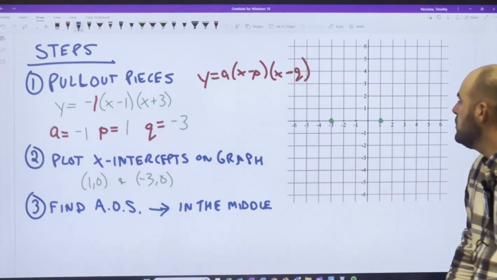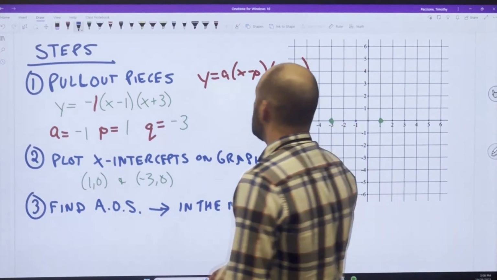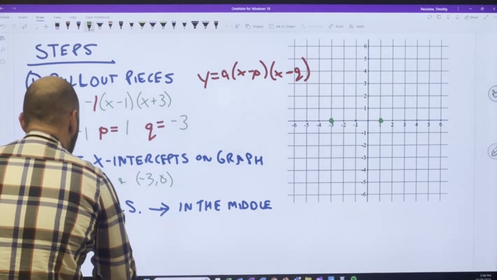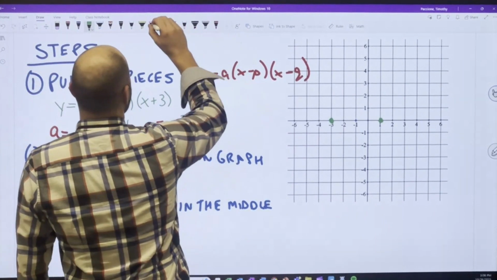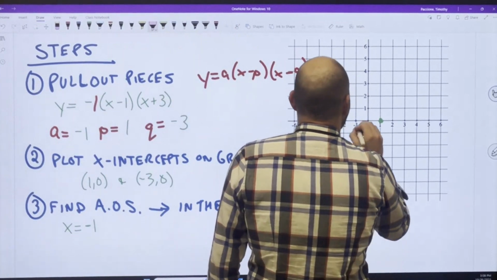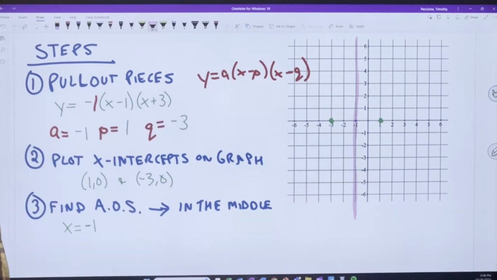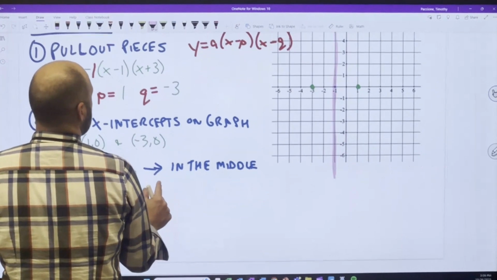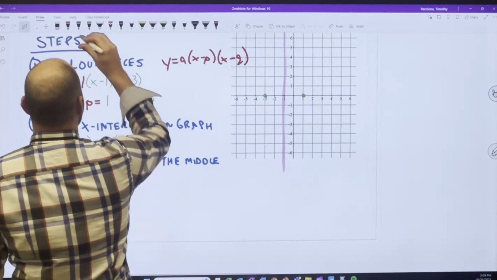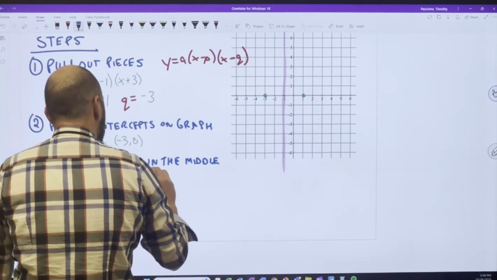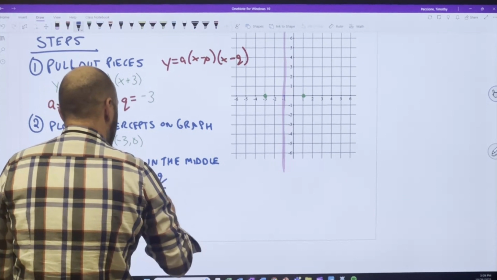Negative 1, right down the middle. So for us, it's x equals negative 1. Now, this is for graphing, but you'll be asked for the axis of symmetry when you don't have a graph and just have an equation, so you need a formula too. The other way is with a formula: x equals p plus q divided by 2.